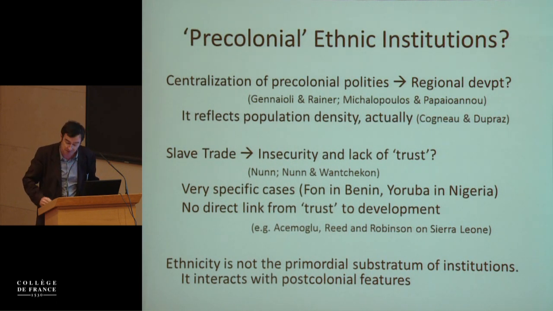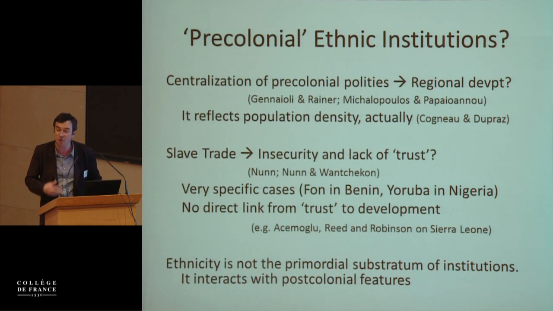That seems to be considered as an unavoidable specificity of the African societies that is sometimes taken as the guilty party in preventing the construction of a developmental state. So in the recent economic history literature published in the top journals, we see precisely the emergence of an argument according to which pre-colonial ethnic institutions are very, very important determinants of today's economic development.